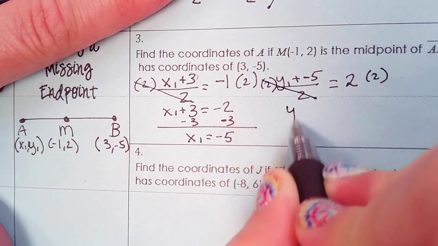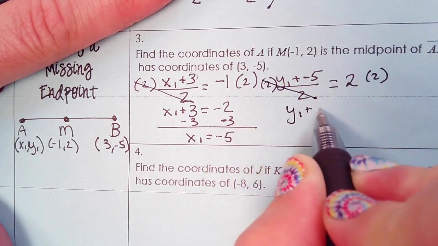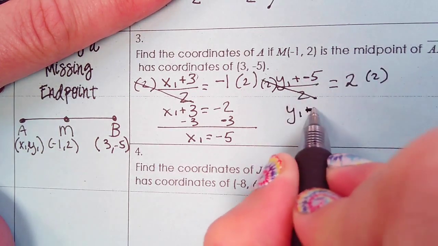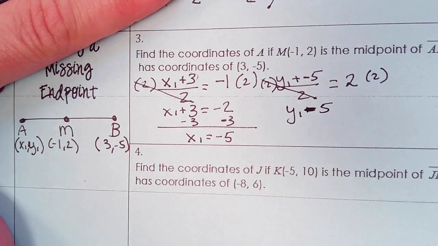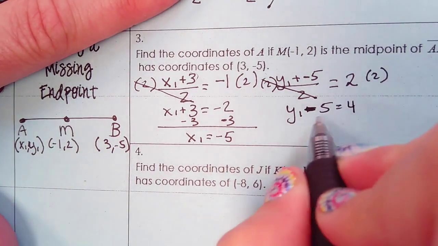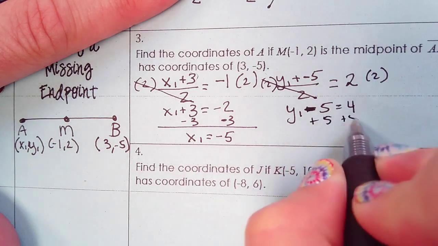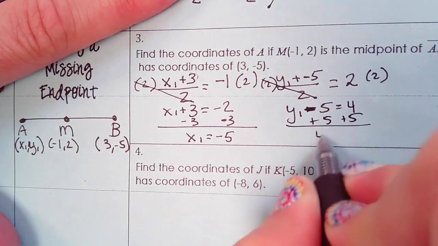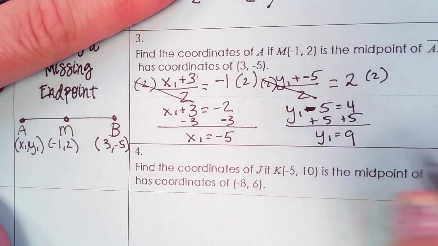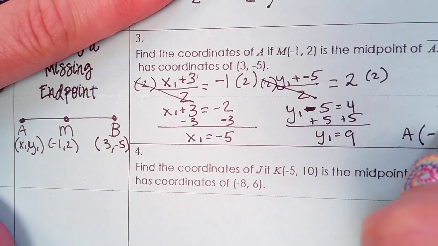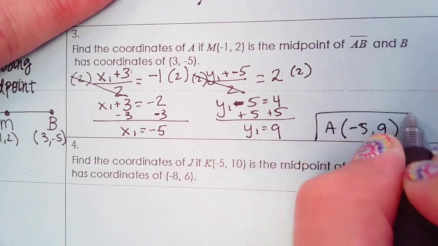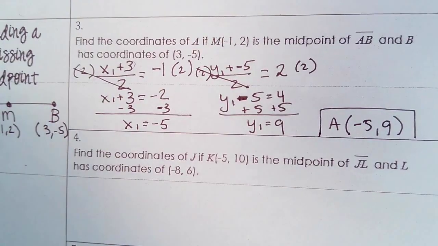Those cancel, so y1 plus a -5, plus a negative is the same thing as minus 5, equals 4. Then we should add 5 to both sides. So y1 is 9. So our missing endpoint, A, should be -5, 9. That is one way to do it.